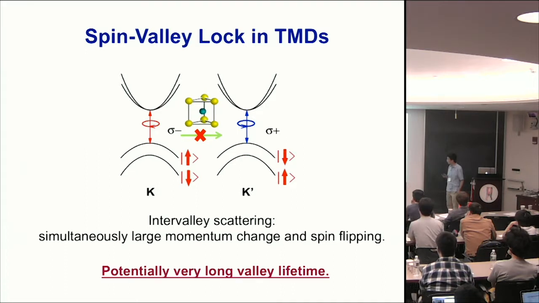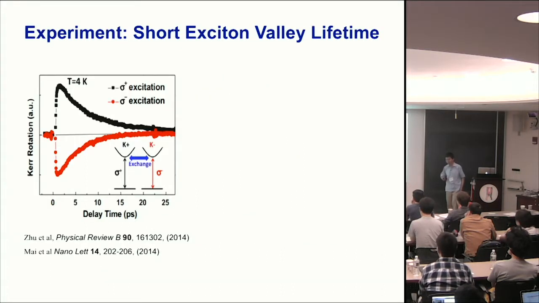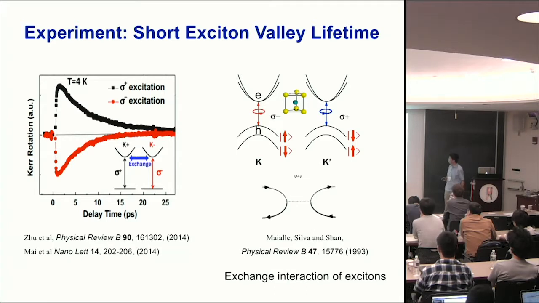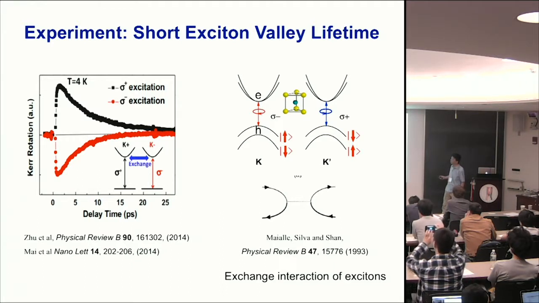But soon people found that's actually not quite true, in particular if you have a valley polarized exciton. So this is an experimental study. Even at 4 Kelvin, you can use circularly polarized light to generate a valley polarized hole, and then you can monitor it by the induced Kerr rotation, and you can see it decay quite quickly, within a few picoseconds. And then it was realized this happens because in an exciton you have an electron and hole at the same time.